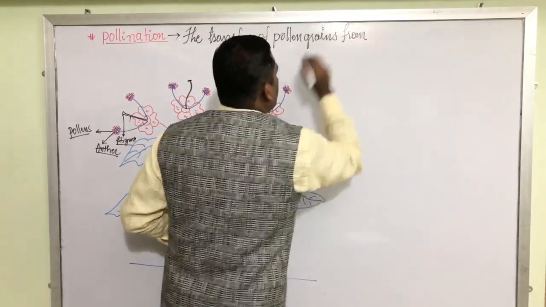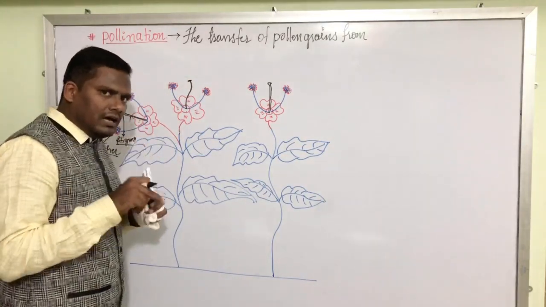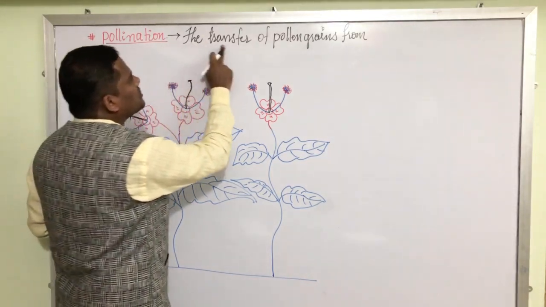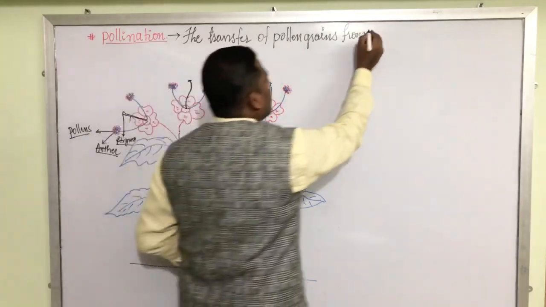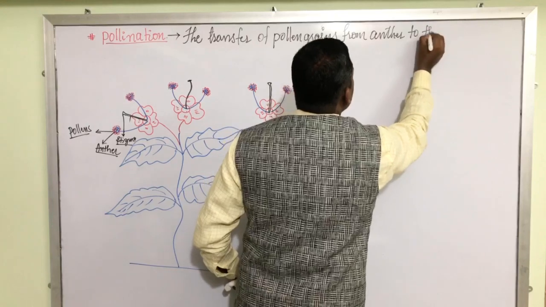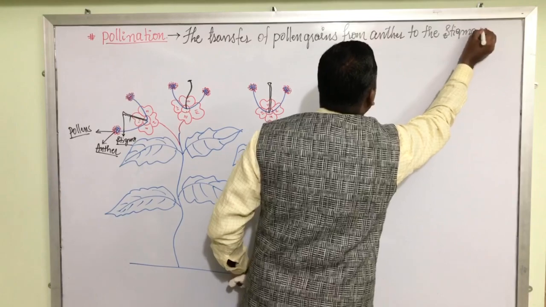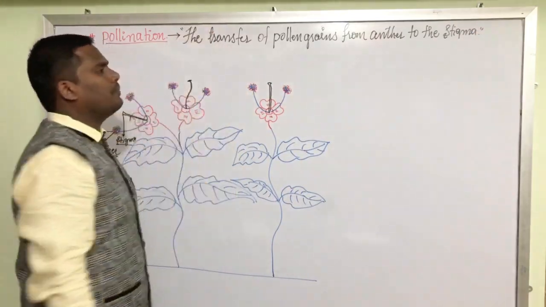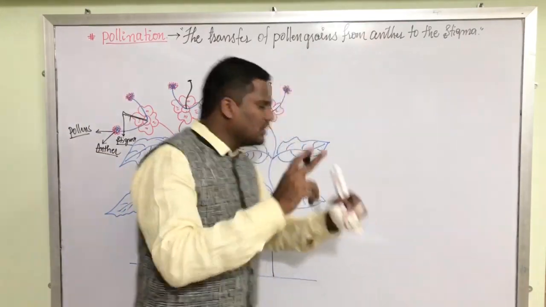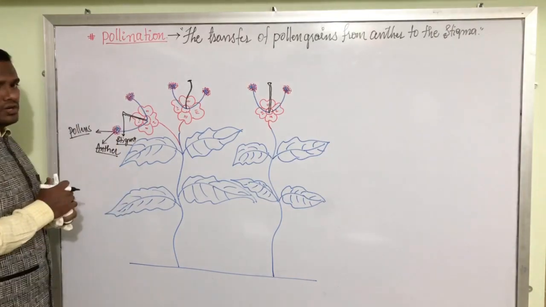From where are these pollen grains located? They are located on the anther. The transfer of pollen grains from anther to the stigma. This process is called pollination. What is pollination? The transfer of pollen grains from anther to the stigma is called pollination.